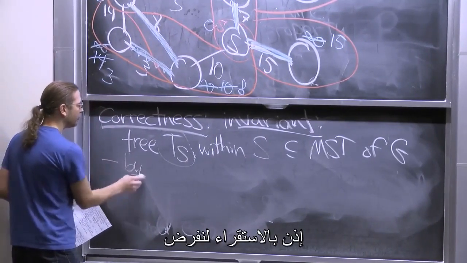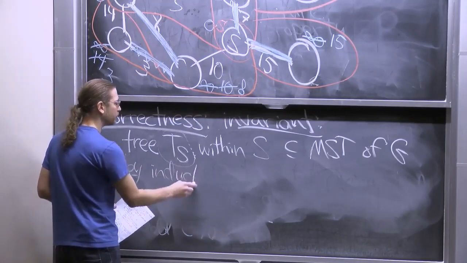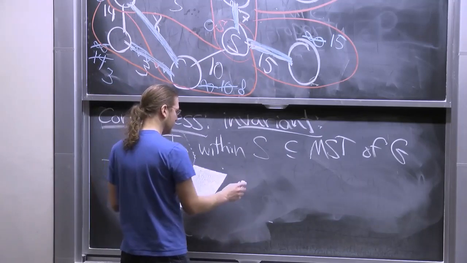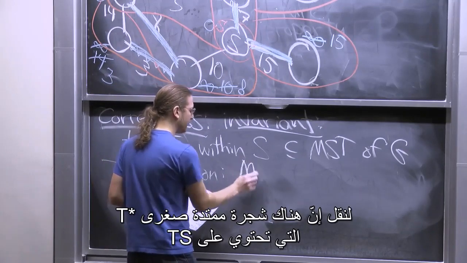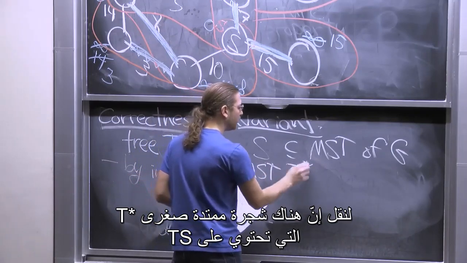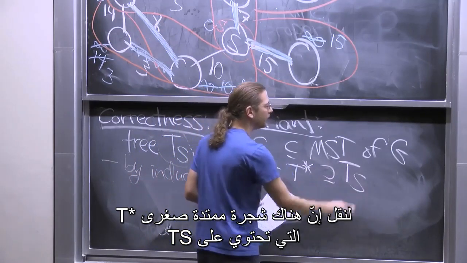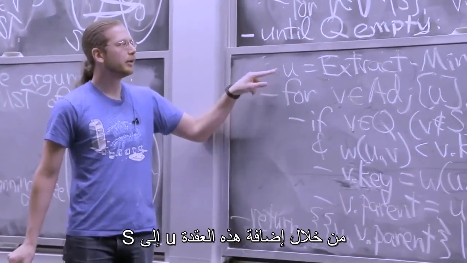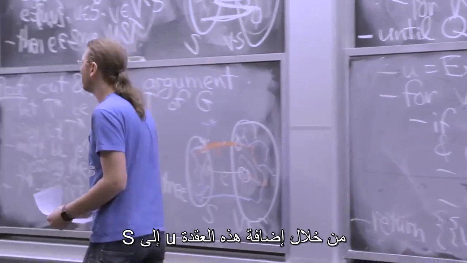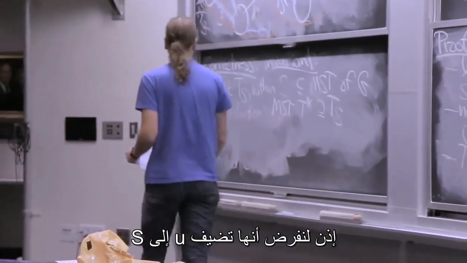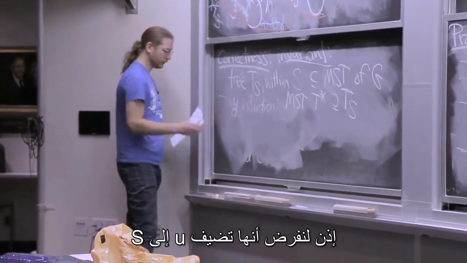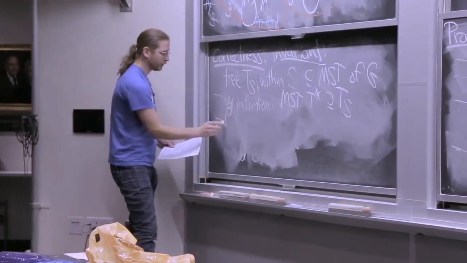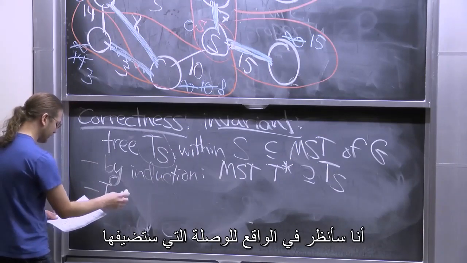So by induction, let's assume the induction hypothesis will be that, let's say, there is a minimum spanning tree T star, which contains T sub S. And then what the algorithm does is it repeatedly grows S by adding this vertex U to S. So let's suppose that it adds U to S. So I'm actually going to look at the edge that it adds.